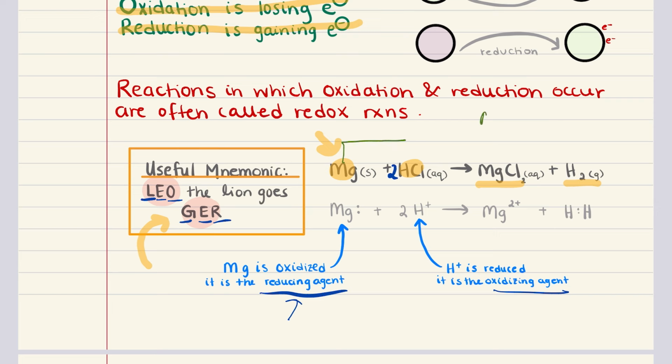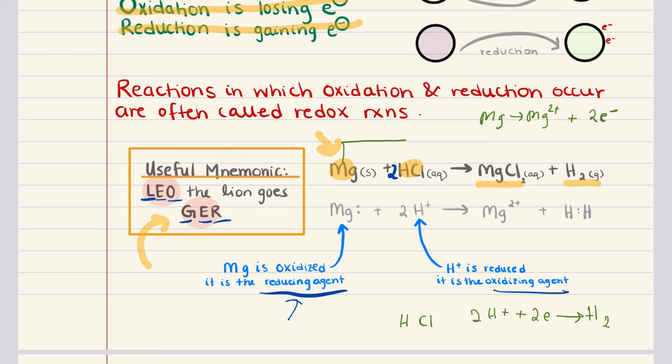All right, we go from magnesium to magnesium 2 plus 2 electrons. At the same time, the hydrogen ions from hydrochloric acid, they're going to gain electrons and they become reduced. So we go from 2H plus those 2 electrons they gain to form hydrogen gas.